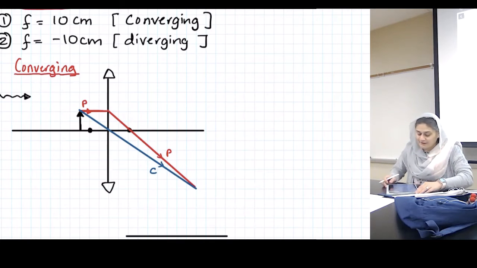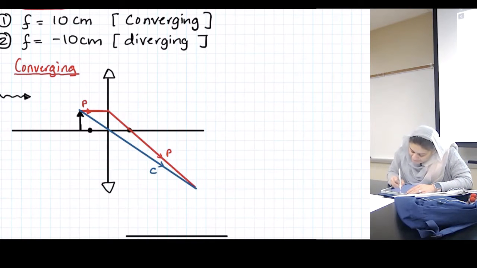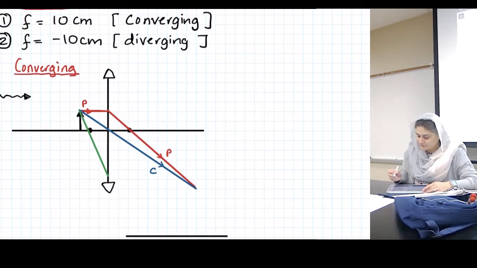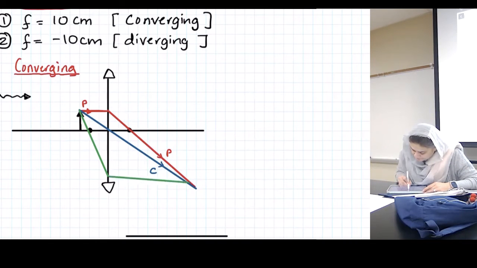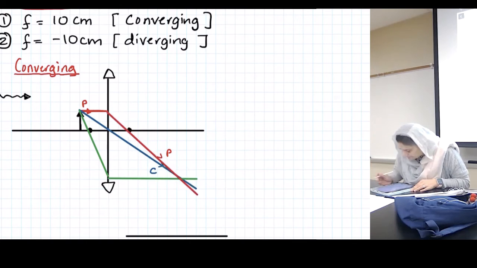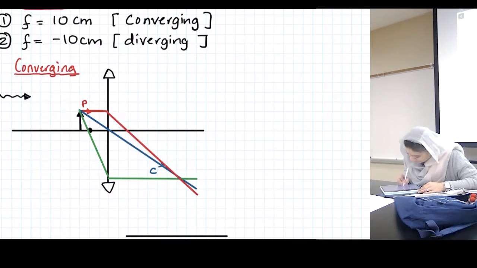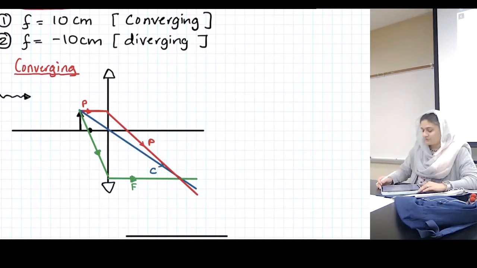It's green in color. It's my focal ray. It has to go through the focal point until it hits somewhere here, and then it has to go straight out. This is my P, and this is my F. It's important to note where these rays are going and coming to.